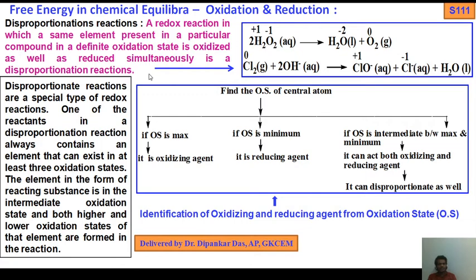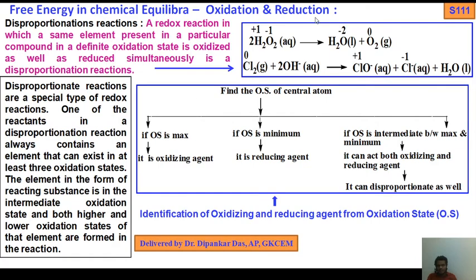That is the set of oxidation numbers. So when a particular substance's oxidation state is oxidized as well as reduced simultaneously, it is known as a disproportionation reaction.